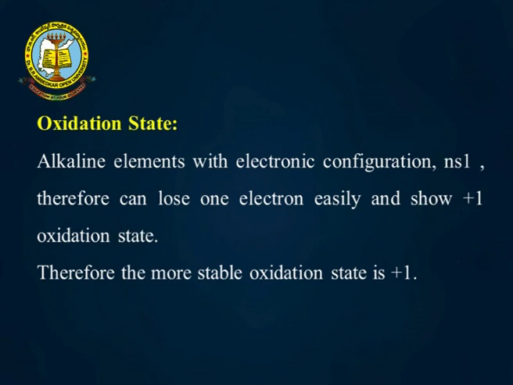That is why it has the +1 oxidation state, and the stable oxidation state of group 1 elements is +1 only, because other group elements have more than one oxidation state, but group 1 elements exhibit only +1 and are stable in this oxidation state.